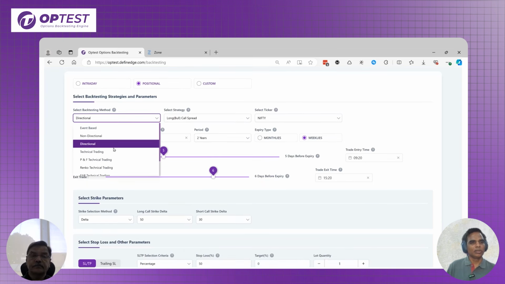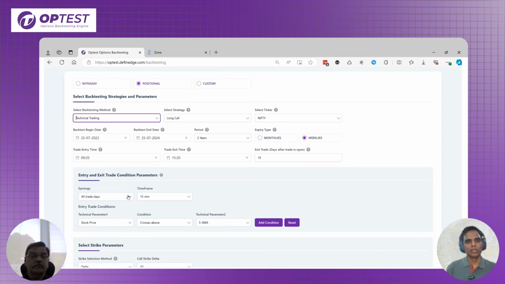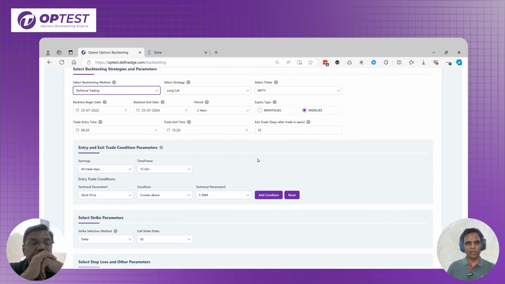And technical trading is something very unique to positional trading. Here we are using technical indicators from candlestick charts and line charts mainly. So here we have long call, for example. Again, these criteria are all the same. The only thing is, once you enter a trade, how long you want to hold that particular trade.